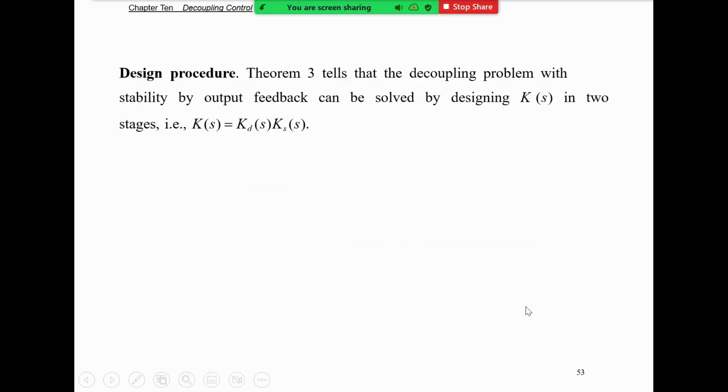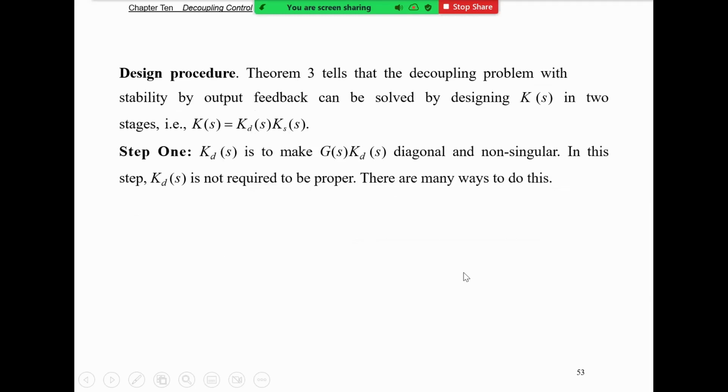Below is the design procedure. The decoupling problem with stability can be solved by designing K in 2 stages. One is the decoupler, the other is the stabilizer. Step 1, you design KD, the decoupler, to make G times KD diagonal and non-singular. In this step, KD is not required to be proper because KD is not the final answer.